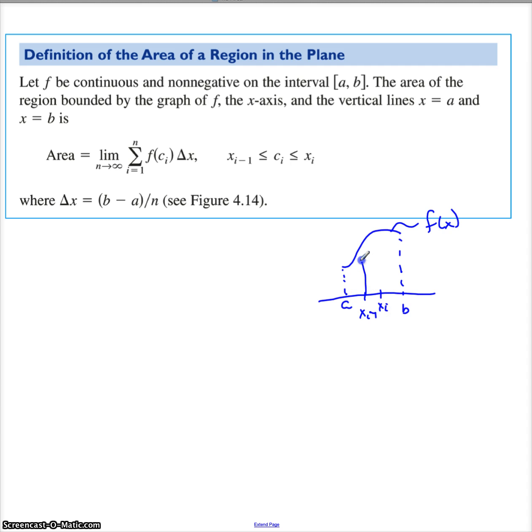So if I were to do a region like this, c sub i is here.